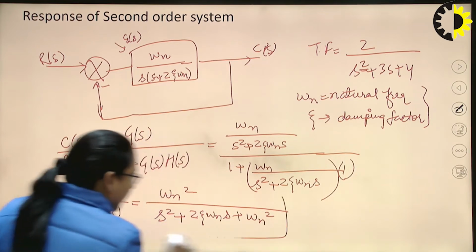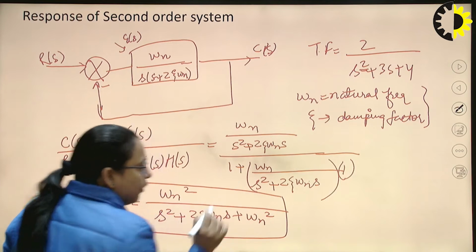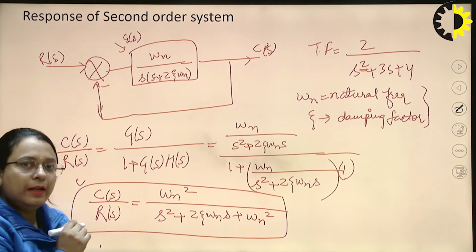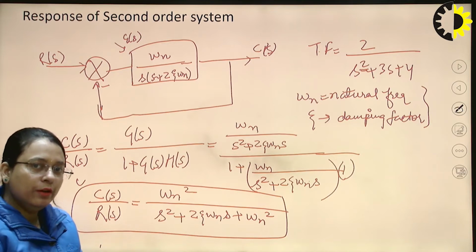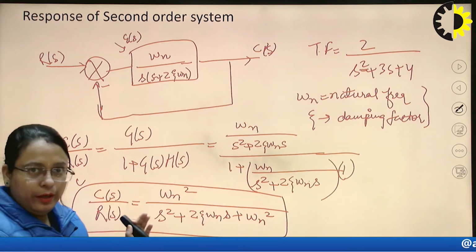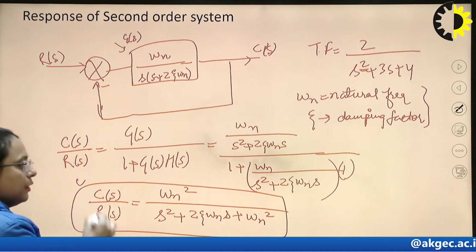So this is the standard transfer function for second order system, and I will use this standard function for solving the numericals, right? So let's move ahead when different inputs are applied.